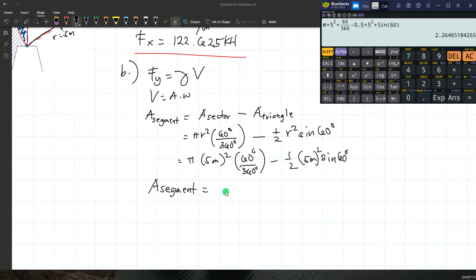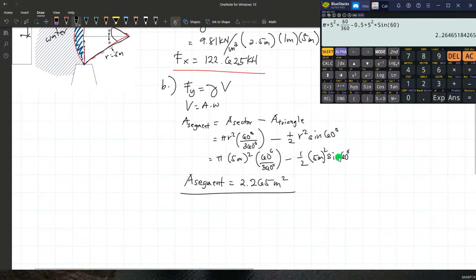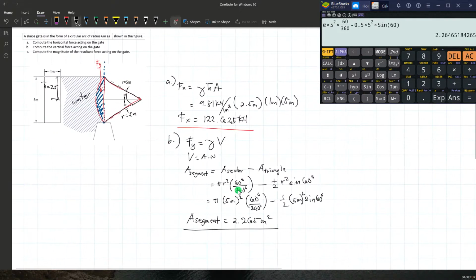So the area of the segment is 2.265 square meters. So the volume of the segment, when we multiply by the width, is 2.265 square meters multiplied by 1. Okay, that's 2.265 cubic meters.